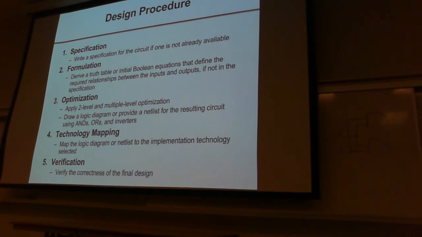Okay? All right, so start off with specification for your circuit. In this case here, we're talking about a circuit, so you say, I want this circuit to be a MUX, okay, with 4 inputs, generating 2 outputs, and it has an enable gate. Okay, that's what I want to do. Then you want to go to what we call the formulation phase, which is really saying, in the case of circuits, what's the truth table? What's the K-map?